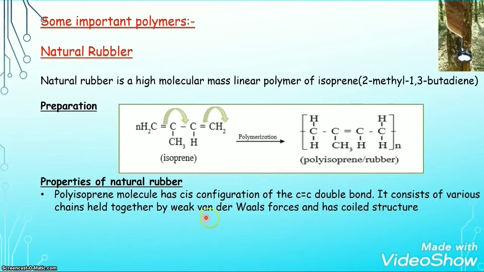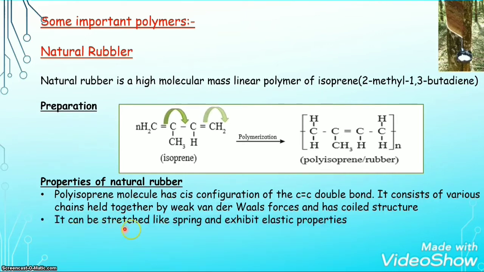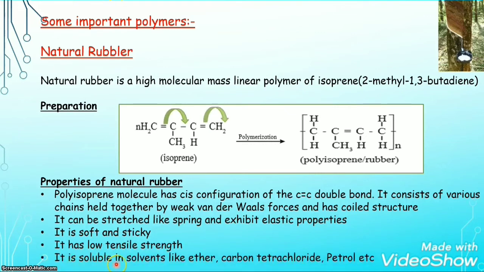Due to the weak van der Waals forces present in polyisoprene polymer, it can be stretched like a spring and exhibit elastic properties. It is soft and sticky. It has a low tensile strength. It is soluble in solvents like ether, carbon tetrachloride, petrol, etc.